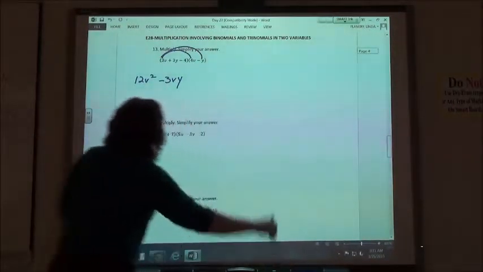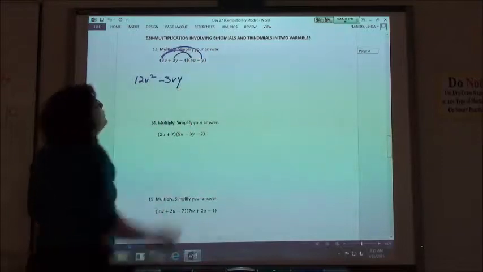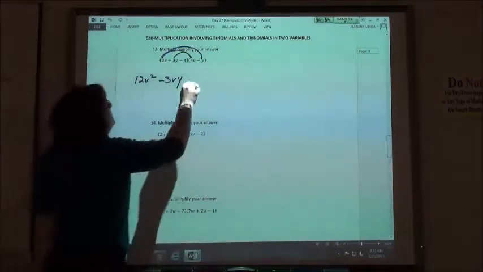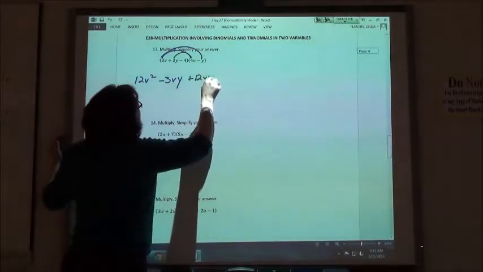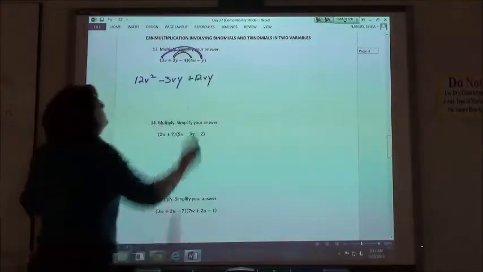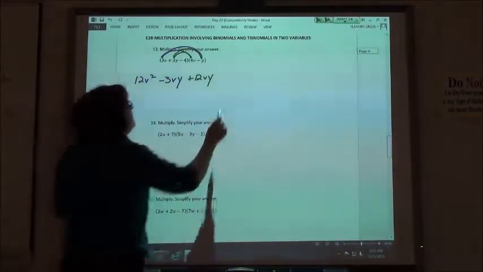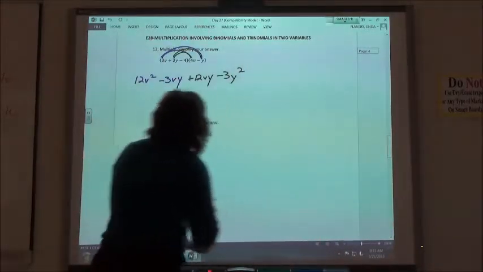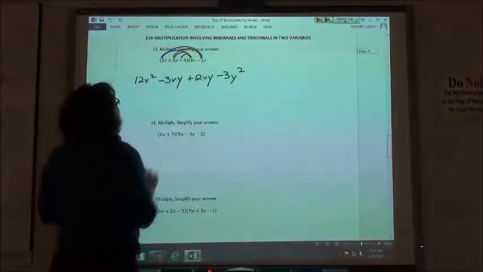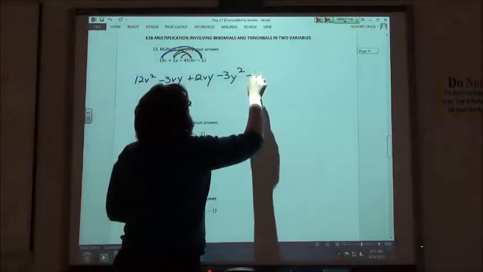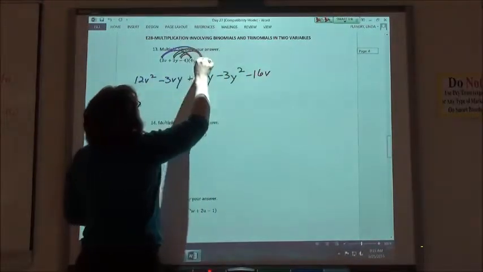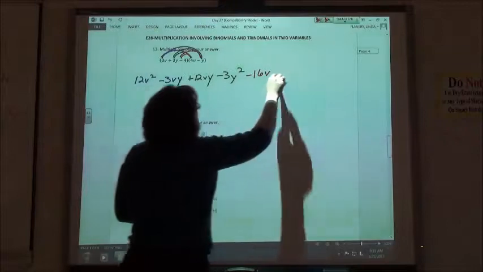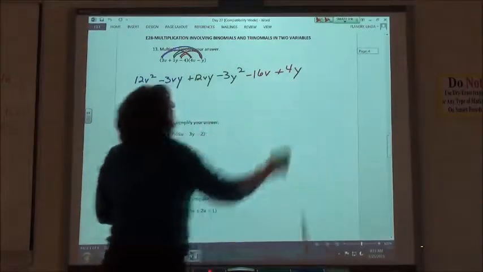Then I'm going to do the middle term. So 3y times 4v, plus 12vy, and then the 3y times the minus y, negative 3y squared. Then I'm going to do the last term times each of those. Negative 4 times 4v, negative 16v, and negative 4 times a negative y, plus 4y.